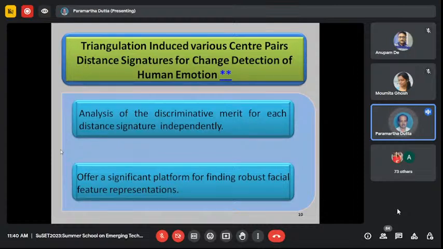Those are the contributing points in this type of analysis, where those points in a face image are very sensitive to any type of emotional change. Accordingly, a set of such salient points will be identified.